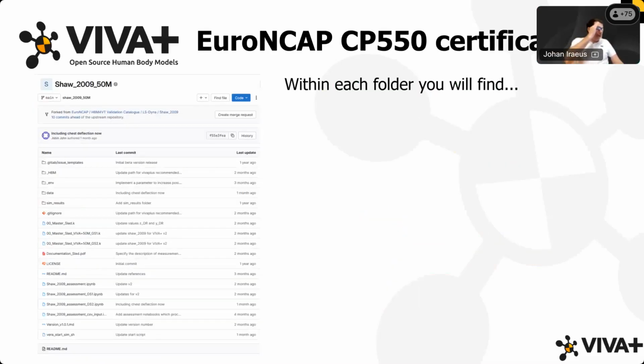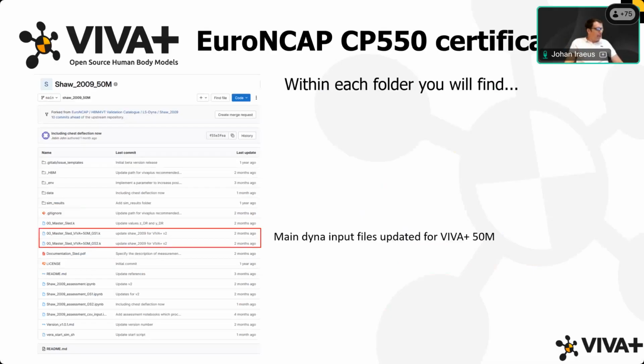If we look into one of these folders, so here I've taken the Shaw 2009, you will see a number of files. The most important one here, you have the main Dyna input files. So these are general, so they should fit all human body models that are certified according to CP 550. But you need to do some modification based on your HBM.